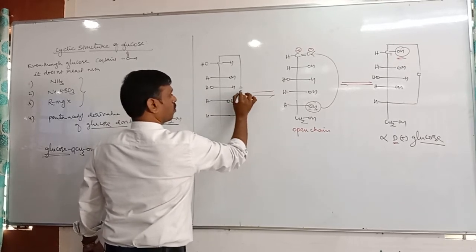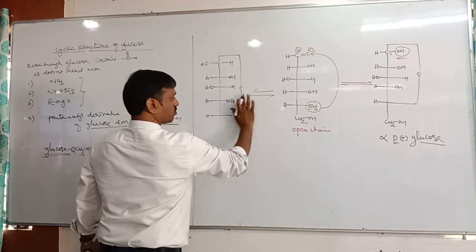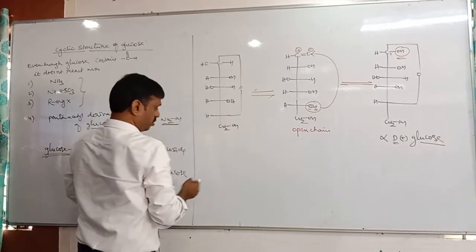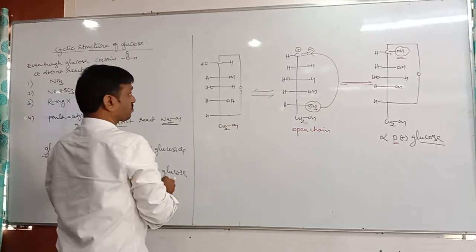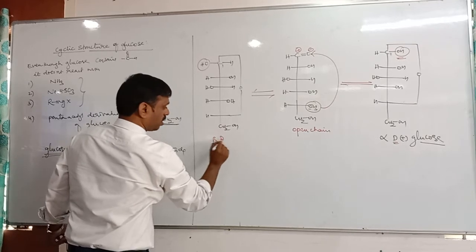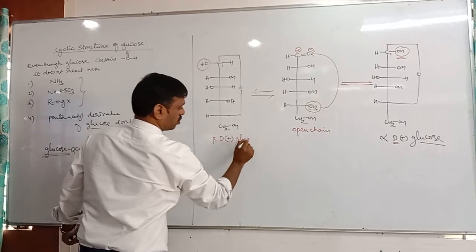We will bring O here. The sixth carbon is CH2OH. Tell me, what is this? The first carbon OH is on the left side, so it is called beta D plus glucose.